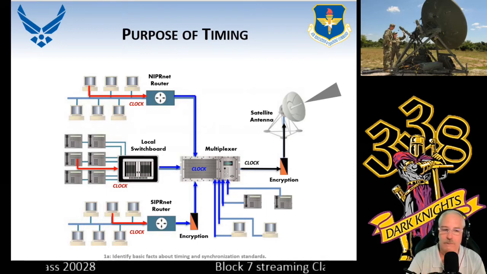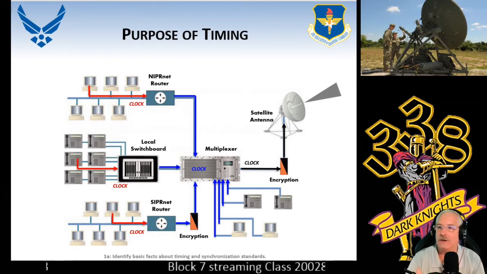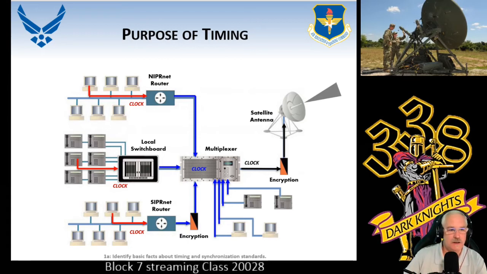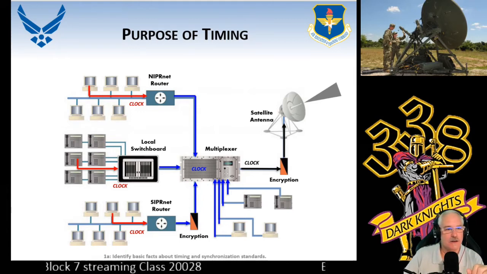One of the computers can be a channel by itself, so user and channel are interchangeable. However, users on the SIPRNet go into one channel. You can see that we take all of this, make it into an aggregate, and send it to the antenna to send to the distant end.